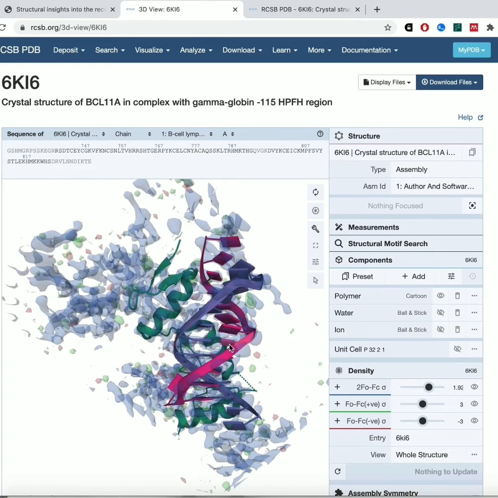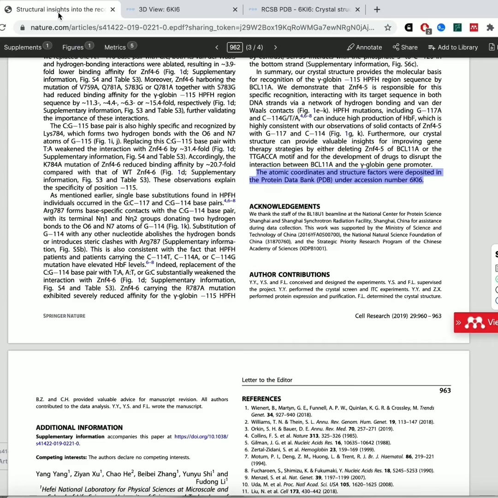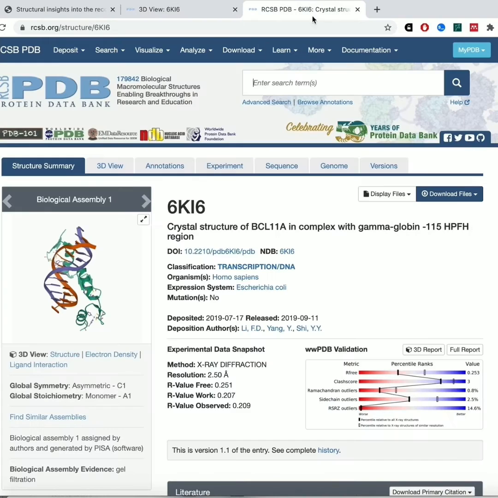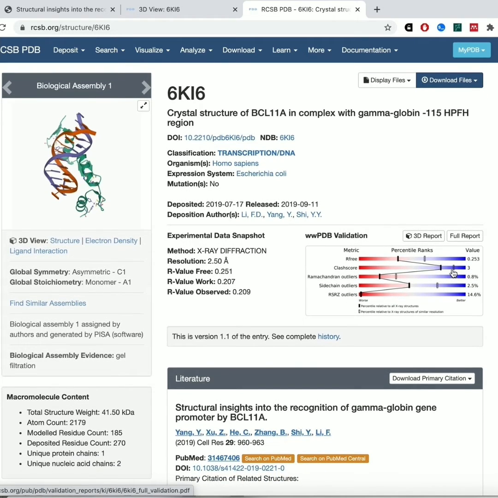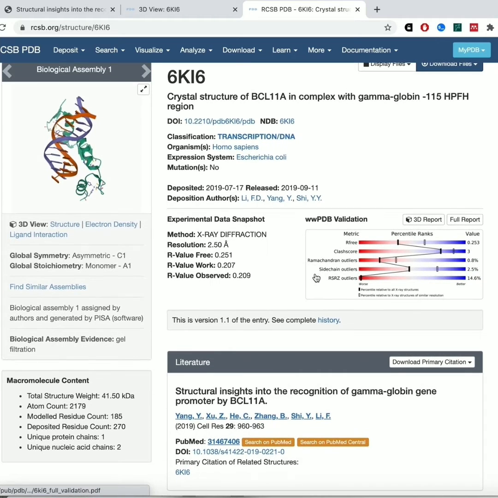And there are also things we can talk about for how realistic the model is from a structural and biochemical standpoint. The PDB helps us understand these, and here they're showing it in these PDB validation sliders. You can also get a lot more information if you look at the full report, but we're not going to go into that right now.